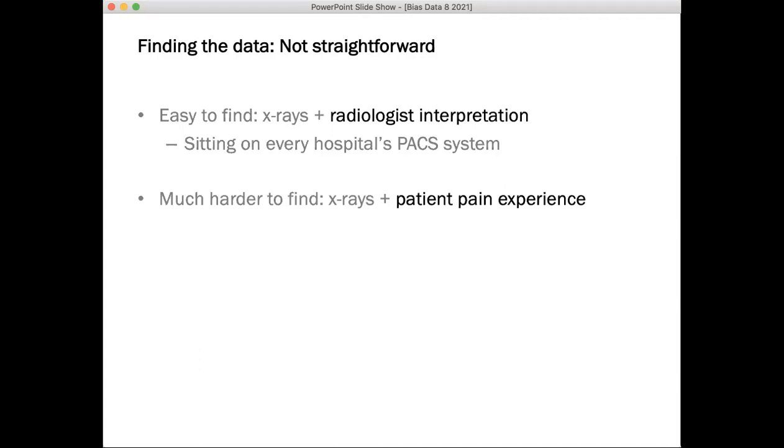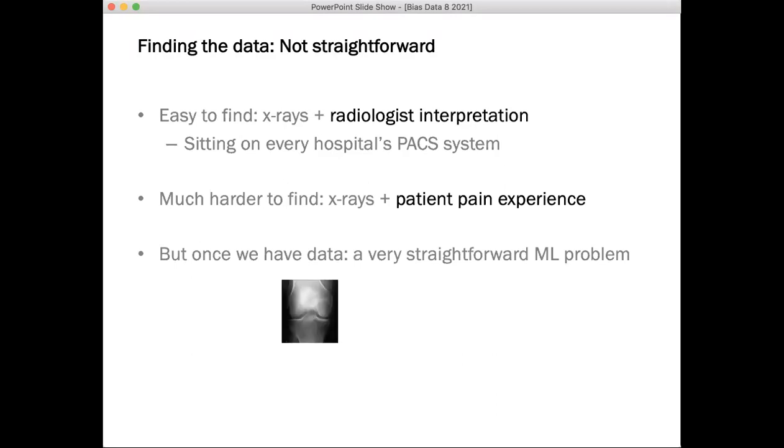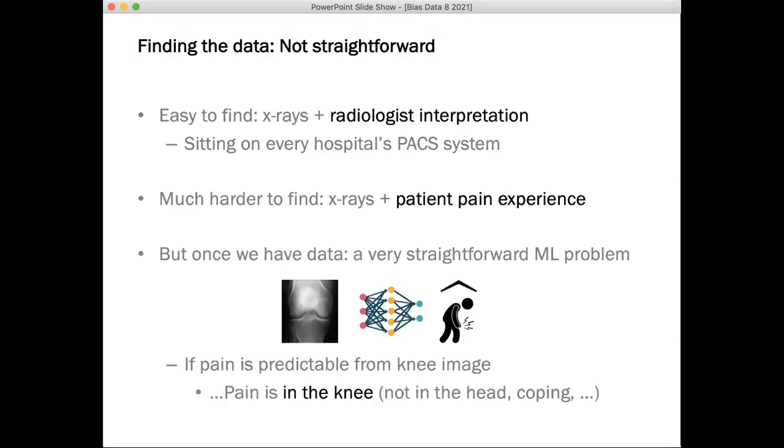We were lucky enough to find a data set that comes from the National Institutes of Health and had the x-rays paired to the patient's pain experience as well as the radiologist reports. And once you do that, you can just take the standard machine learning playbook and swap out the label. So input the x-ray, train a pretty standard convolutional neural net, and output not the radiologist opinion, but the patient's experience of pain.